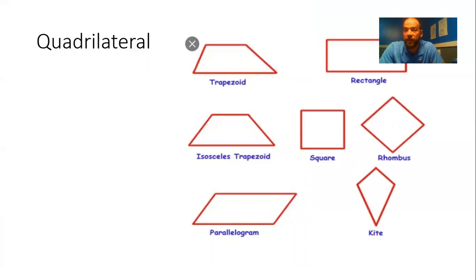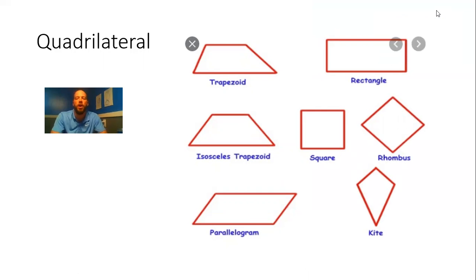All right, so let's dive into quadrilaterals. Four-sided shapes are quadrilaterals. And the words that we're going to be using today, we're going to be talking about trapezoid, rectangle. This is in the graphic I'm showing you, but we're not going to talk about isosceles trapezoids. So we're going to talk about trapezoids, rectangles, squares, rhombus.